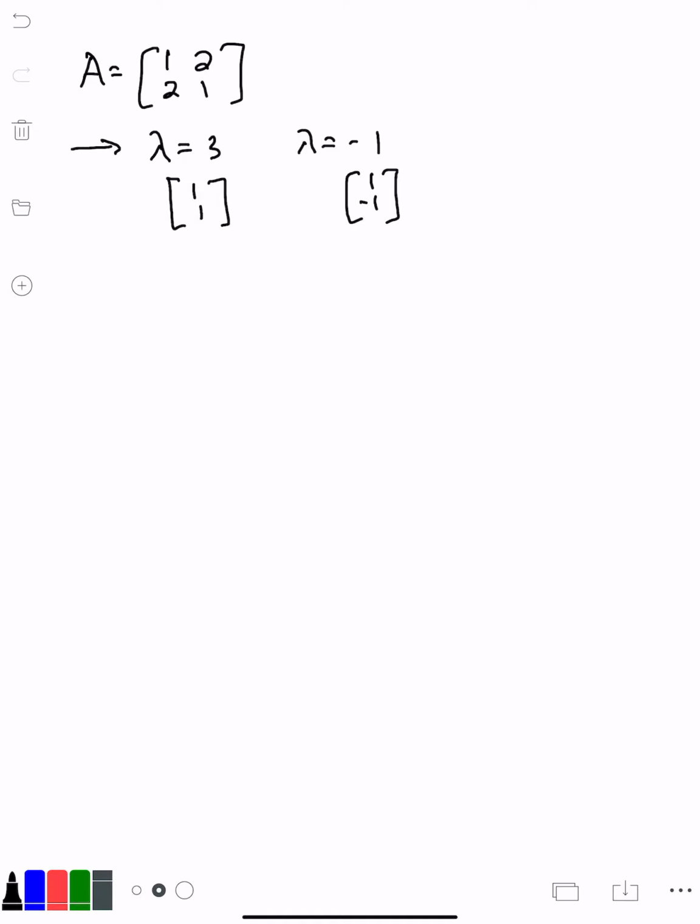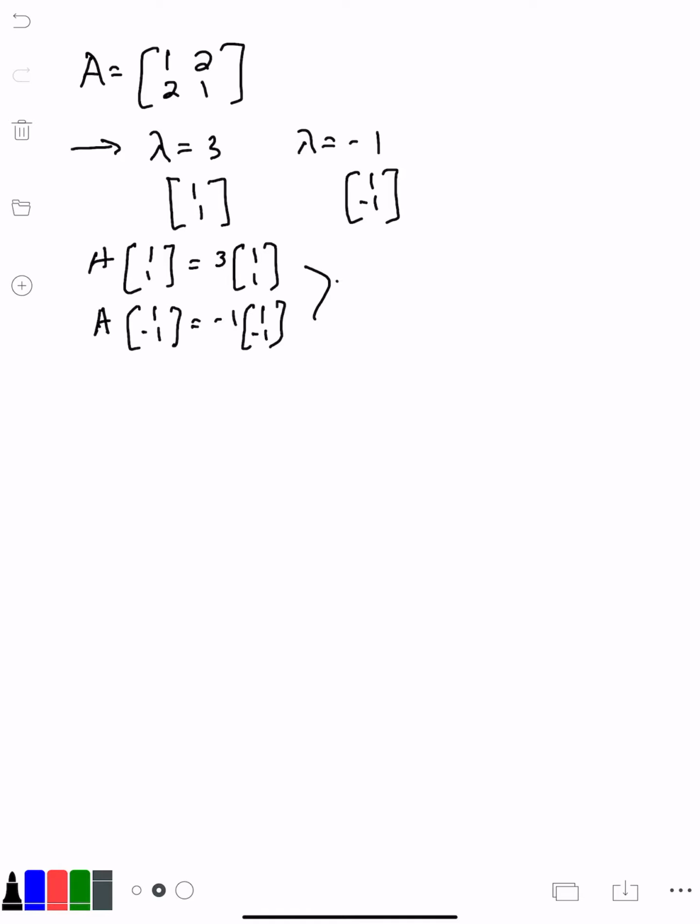And now I kind of want to show you something here. If I do A times (1, 1), I get 3 times (1, 1). And if I do A times (1, negative 1), I get negative 1 times (1, negative 1).